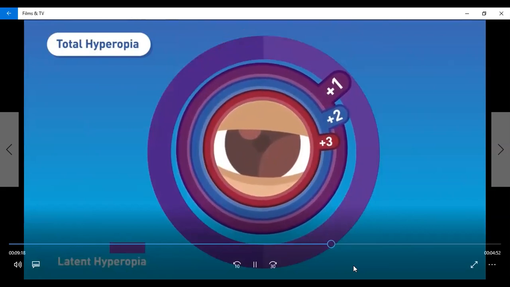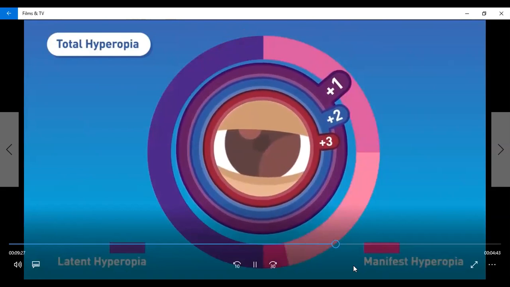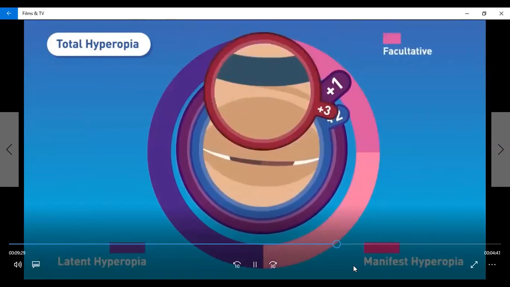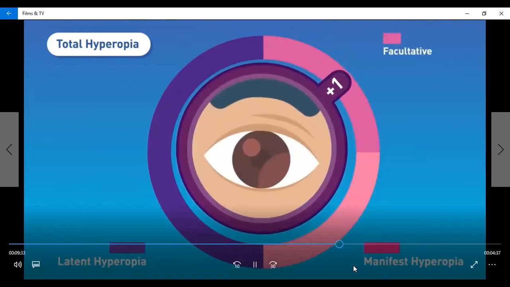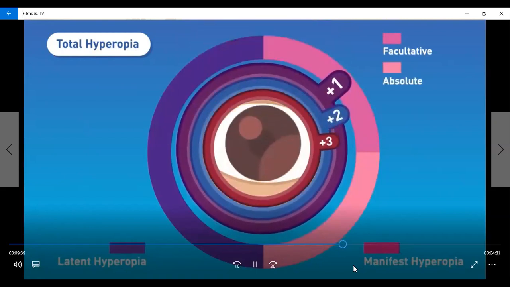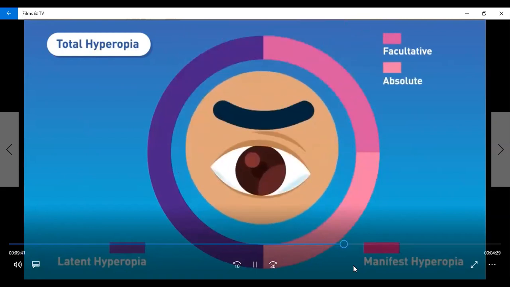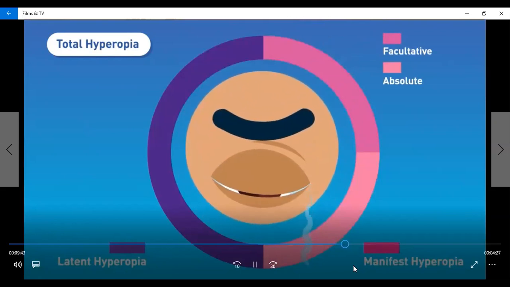It is usually 1 diopter. 3. Manifest hyperopia. It is the remaining portion of hyperopia, divided into facultative: amount of hyperopia corrected by the focusing power produced due to active contraction of ciliary muscles; and absolute: amount of hyperopia that cannot be corrected even by contraction of ciliary muscles.